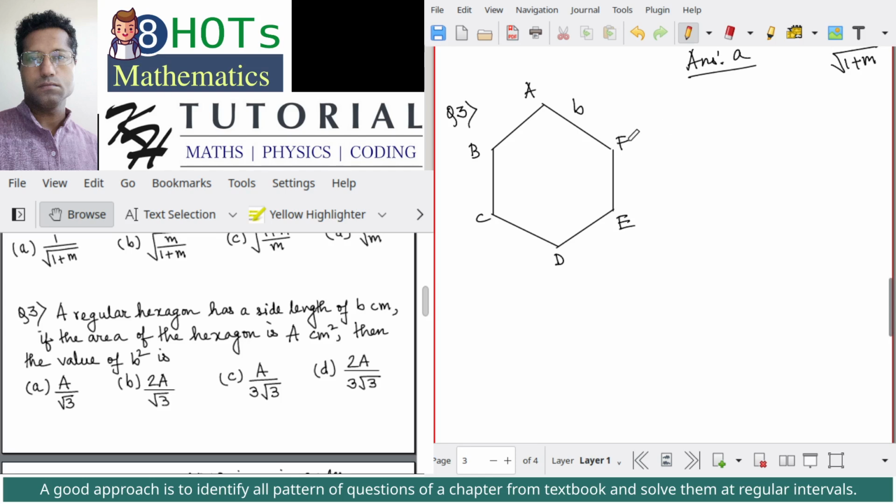Now, one concept is, how do we find the area of a regular polygon? Please note one thing, that the center of any regular polygon, something like over here, this is the center of this regular hexagon. Let's say the center be O. This center will create isosceles triangles with all the sides.